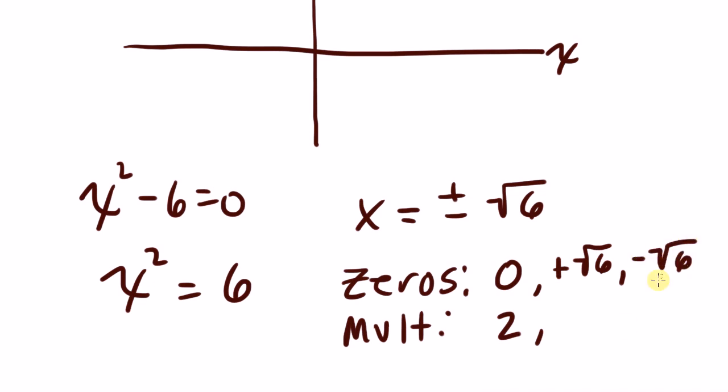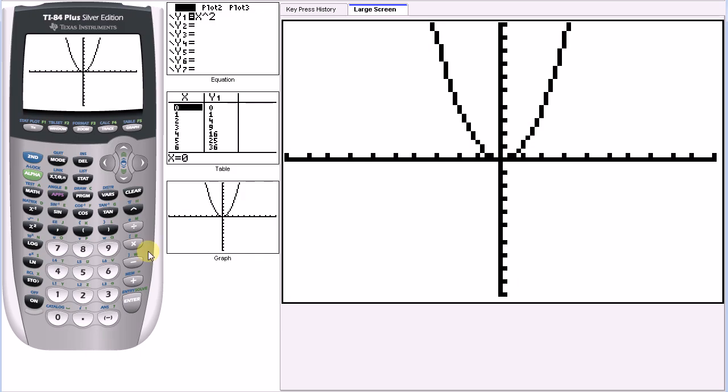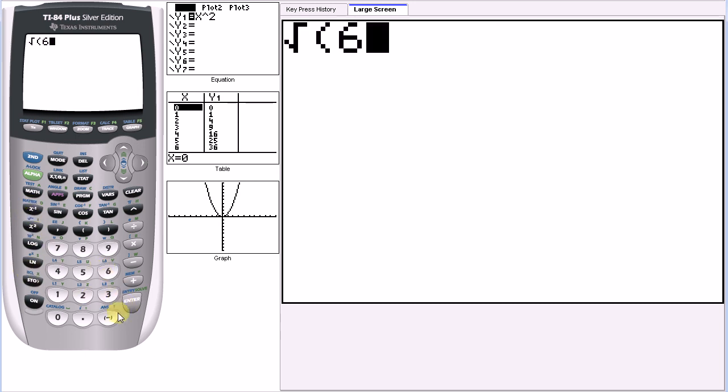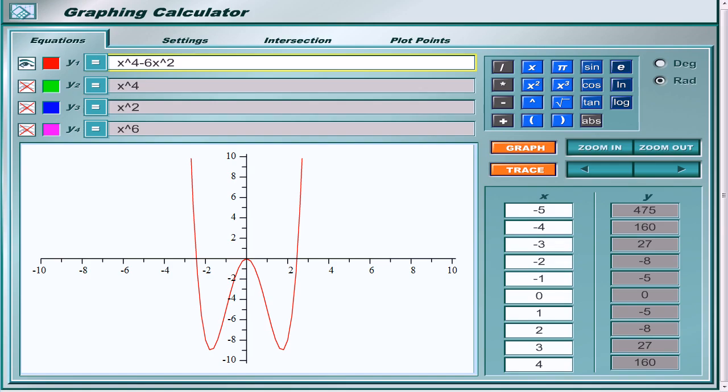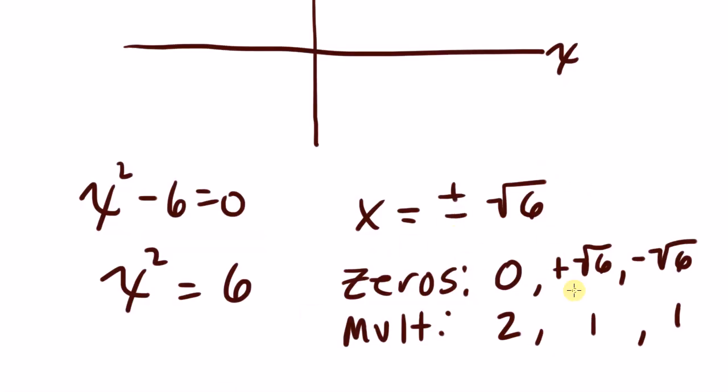And what I'm going to do here is go to my calculator and take the square root of 6. So it's 2.45 approximately. So we go back to our graph. So approximately positive 2.45 or approximately negative 2.45.